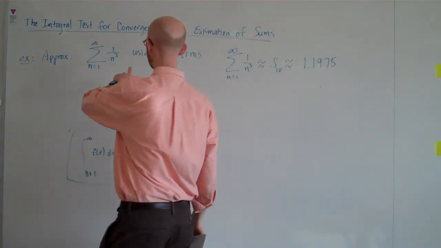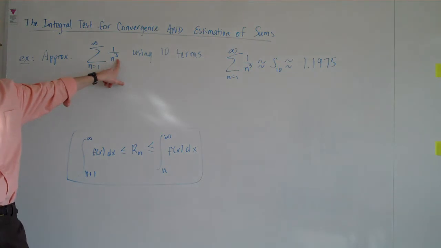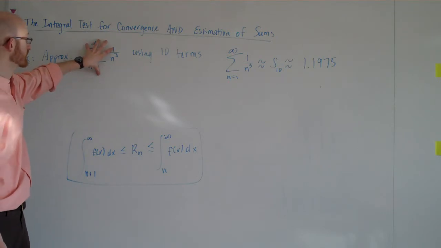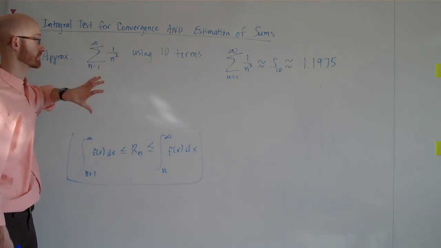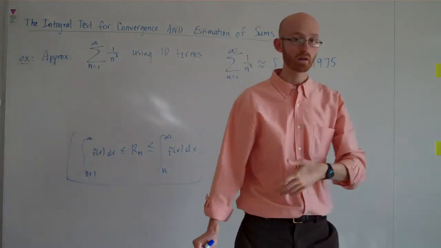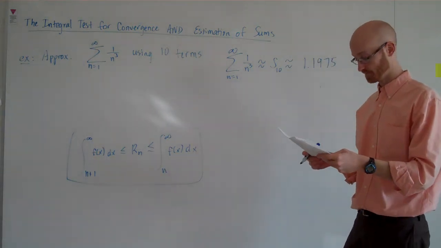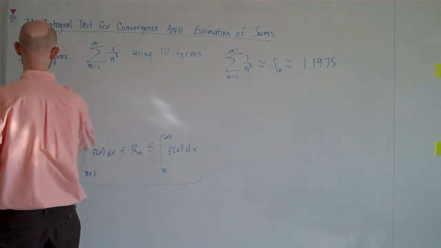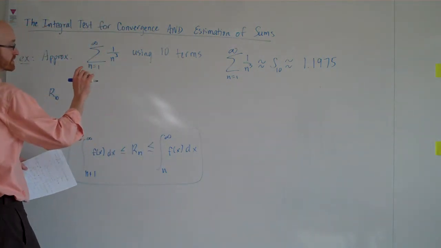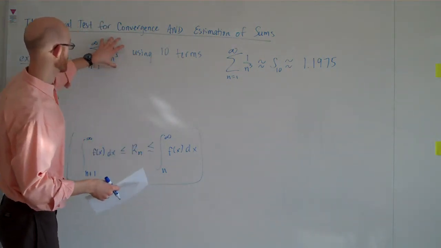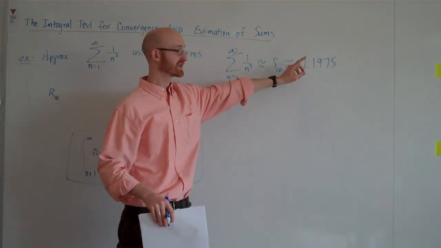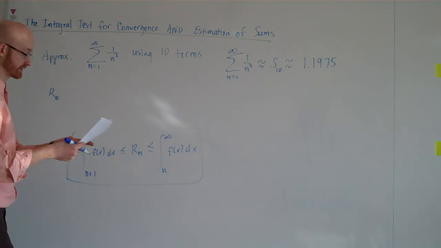By the way, a little side note here, 1 over n cubed is a p-series where p is greater than 1. Thus, we know ahead of time this thing converges, so we're even allowed to carry this process out. Okay, now R sub 10, which is the remainder of this. Whatever this thing converges to, 1.1975 is not exactly right.